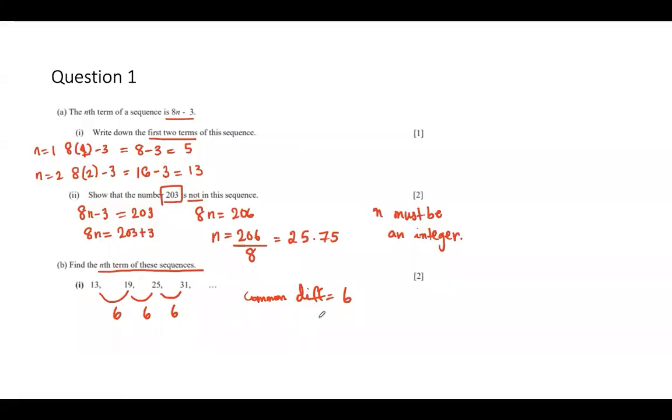Right. So with a common difference of 6, we can put this into the formula that we have learned beforehand, which is a plus n minus 1 times d, where a is the first term and d is the common difference.